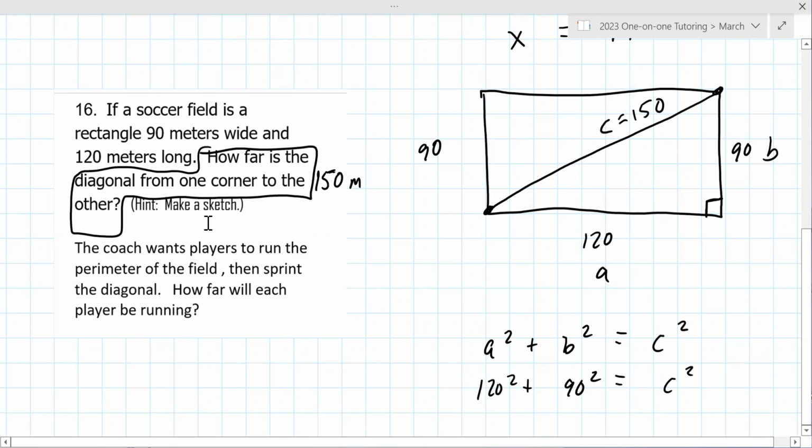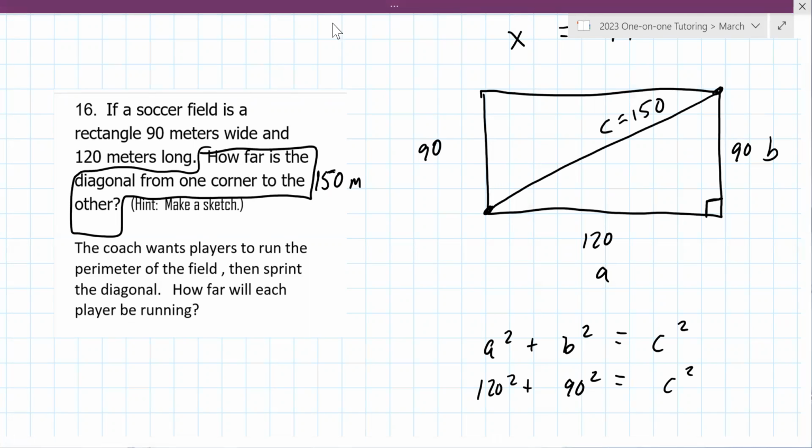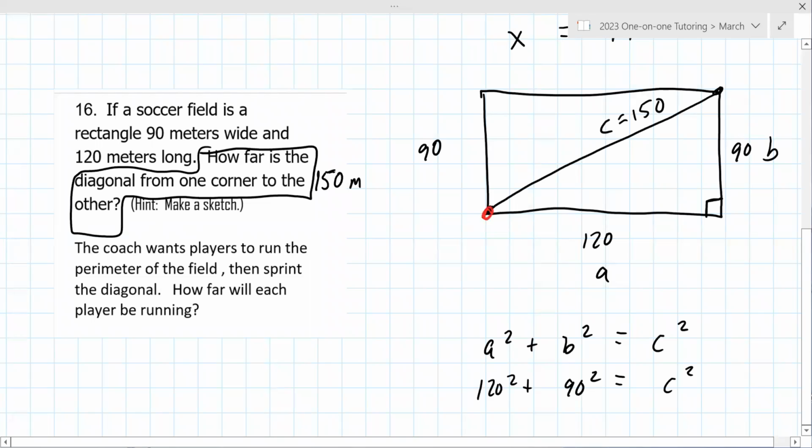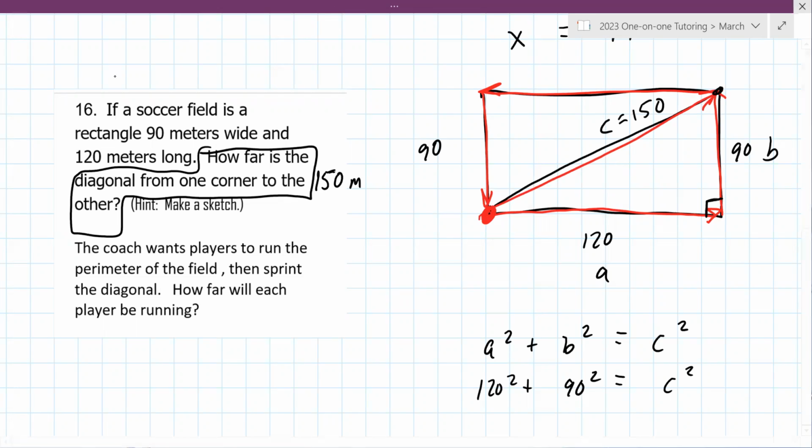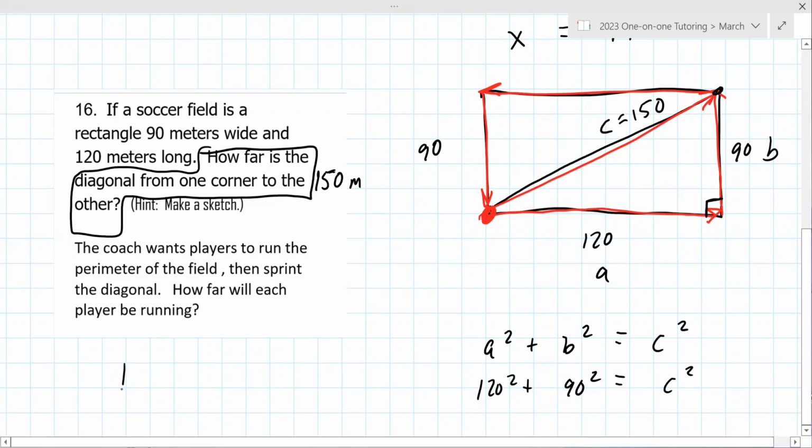The coach wants players to run the perimeter of the field, then sprint the diagonal. So sometimes it's good to draw that, like, what does that path look like? Let's just assume they're starting here. They're going this direction down the 120, up the 90, back the 120, down the 90, and then all the way there. So it's the perimeter going all the way around plus the diagonal.